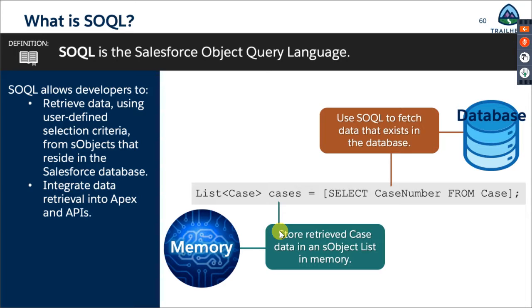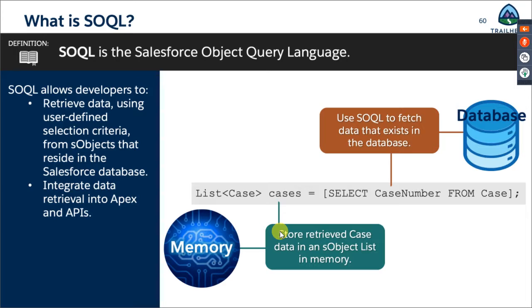What you're getting is a list of records with a case number populated. There is also one more field that you will always get for free, and that is the ID. So each of the cases being returned will have two different values, the ID and the case number.